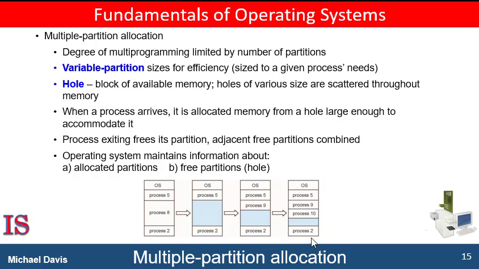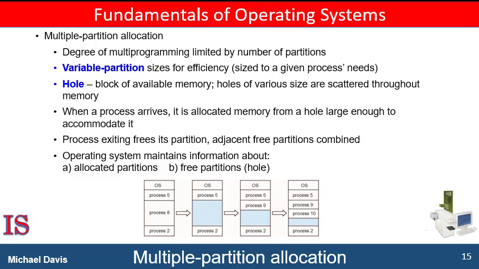If either 9 or 10 leaves, then we have at least one slightly larger block, and therefore something might fit in it. In general, as I mentioned, the available memory blocks comprise a set of blocks of various sizes scattered throughout the memory.